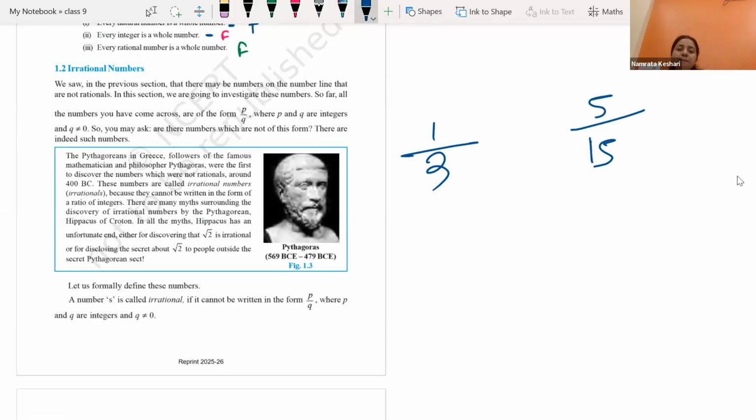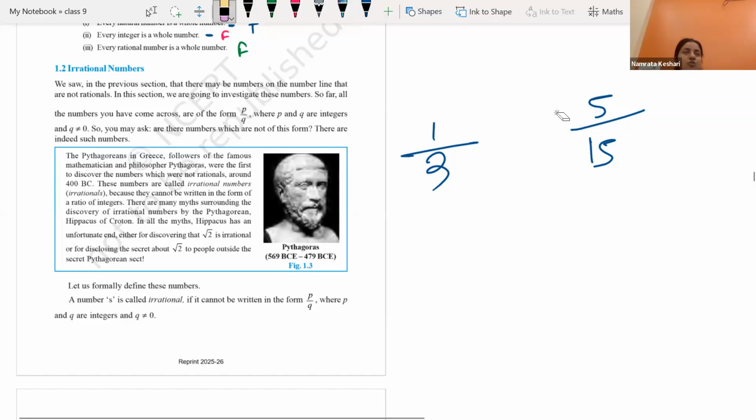Yes, ma'am. Can you see 1 by 3 and 5 by 15 are the same? Why is it the same? We can simplify 5 by 15 by cancellation, and we will get 1 by 3 again.